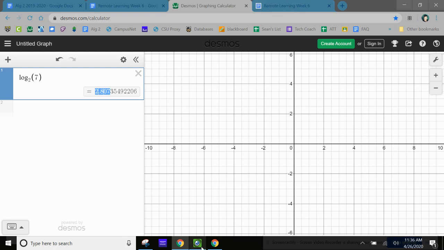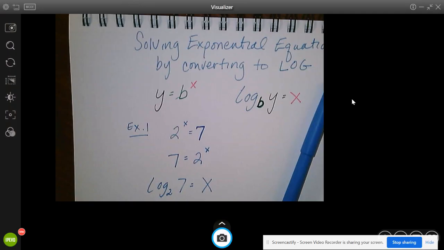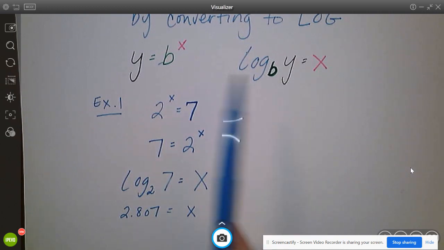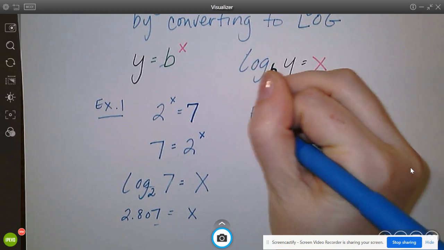Okay, that was the first problem. So my x was already alone. I didn't have to do anything special. The first thing I had to do was convert it. And then I just put it in Desmos and I have x alone. That's my solution, done. And again, I rounded to the thousandths. That's 3 decimal places. Let's do example number 2.